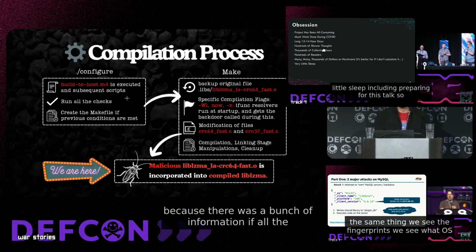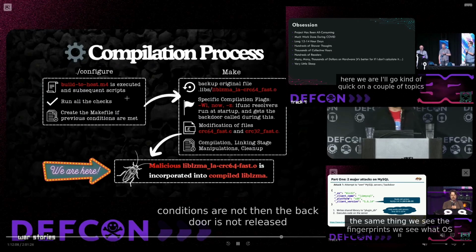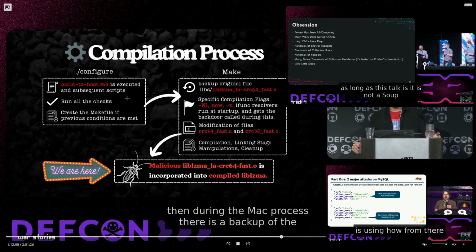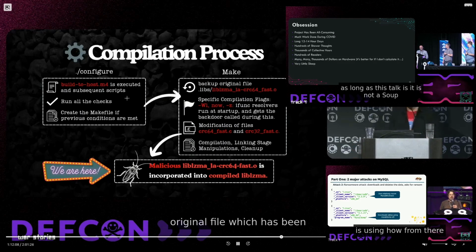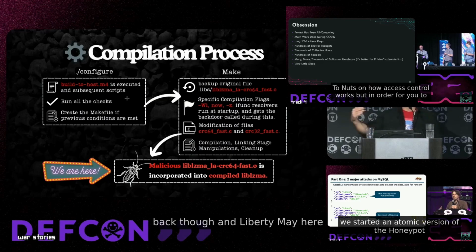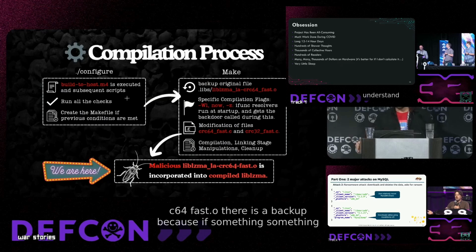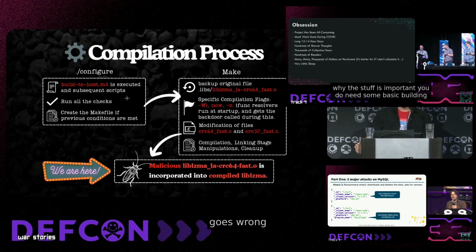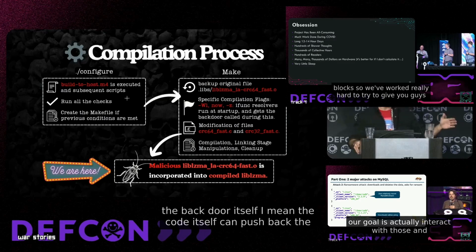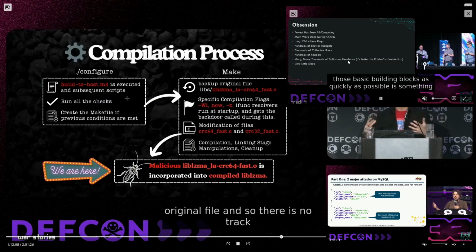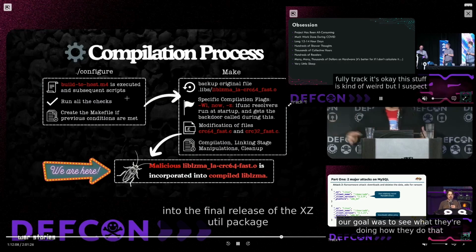So to recapitulate a little bit the compilation process, because I know it could be quite complex. First we have the execution of the macro file, the build2host.m4, and subsequent scripts are also executed. It runs all the checks and it creates the makefile if previous conditions are met. If all the conditions are not met, then the backdoor is not released.